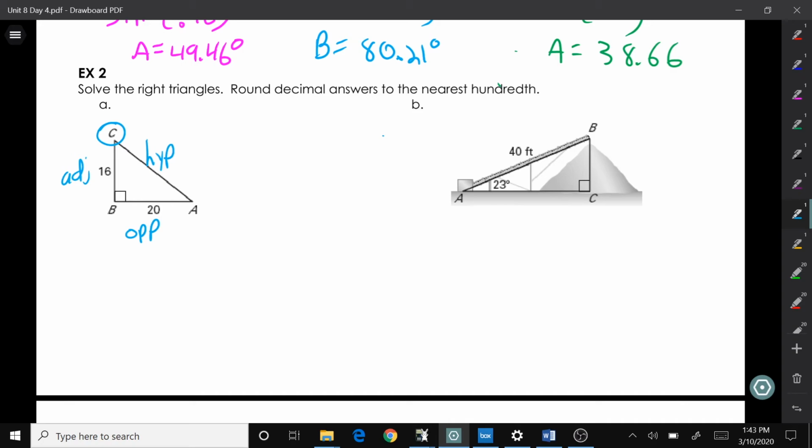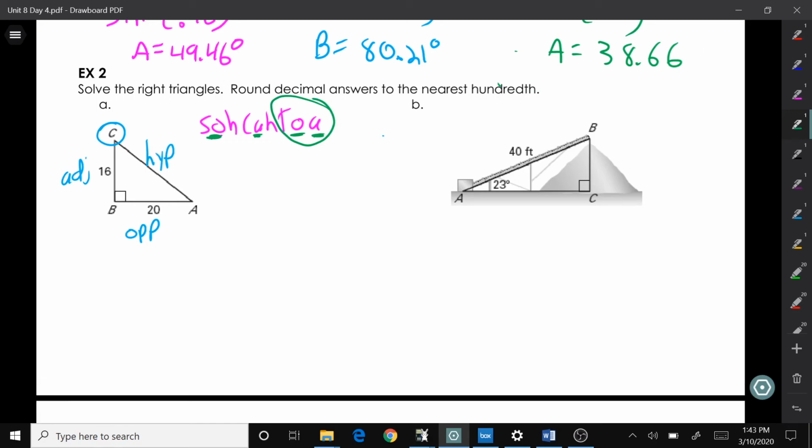So I want to find angle C. We're going to do the same thing we've done before, write out SohCahToa. Looking at angle C, I know the opposite side, so I'm going to underline the O's, and I know the adjacent side, so I'm going to underline the A's. So I'm going to use tangent.